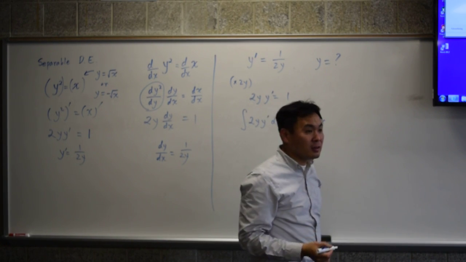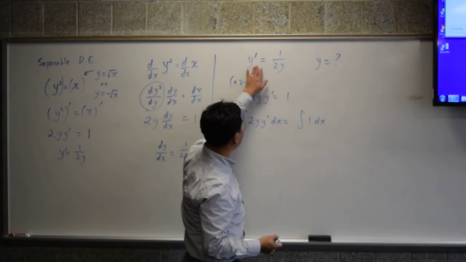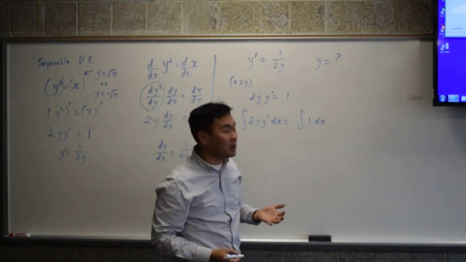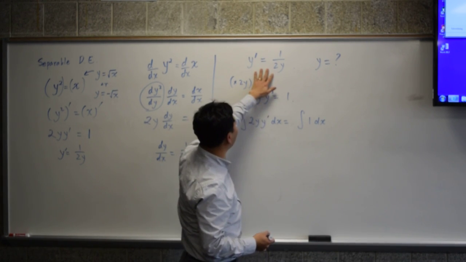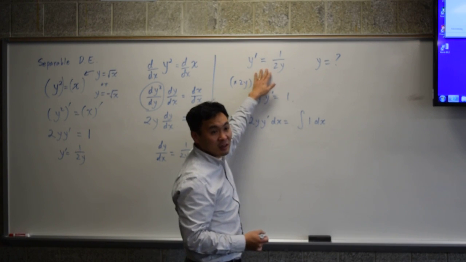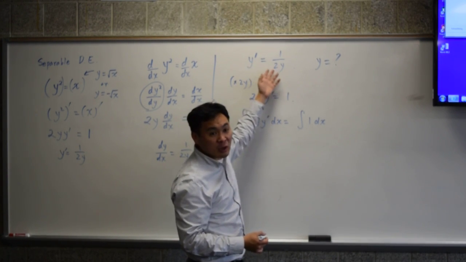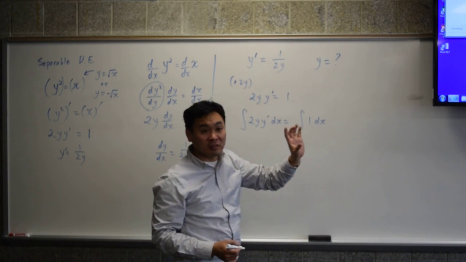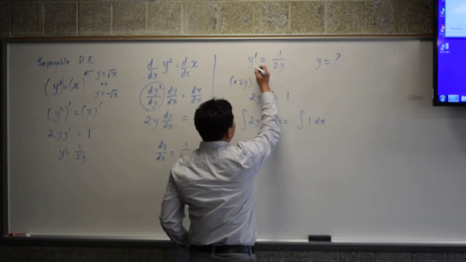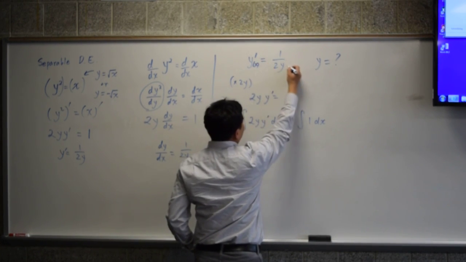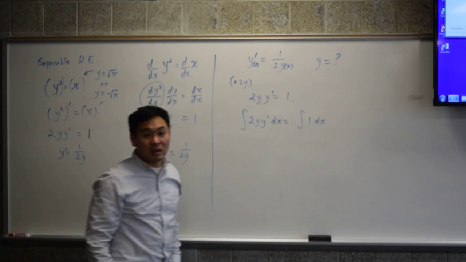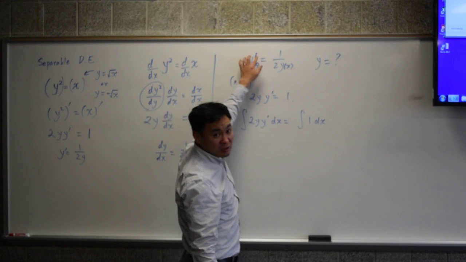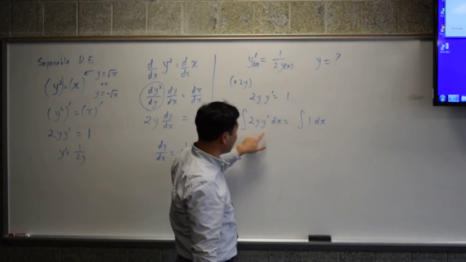Even if it doesn't tell you explicitly, you should consider y as a function of some variable. There is some ambiguity here because there is no explicit variable in here. If you want to be explicit, you might say y is a function of x. But because we understand y is a function of x, we would differentiate it and we would integrate by dx.